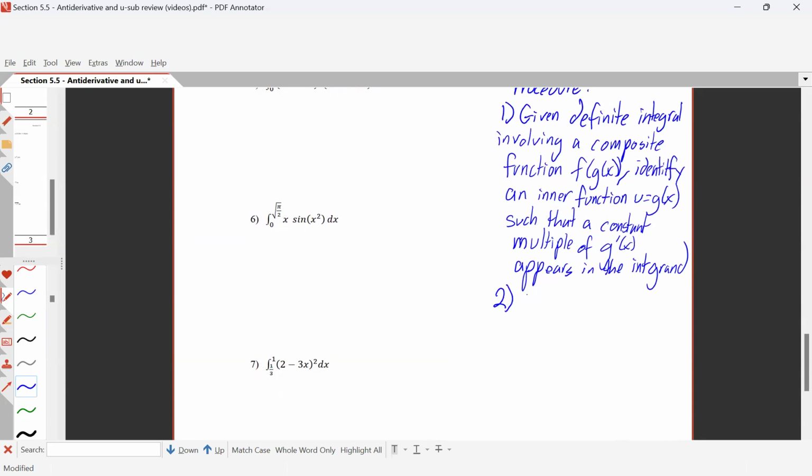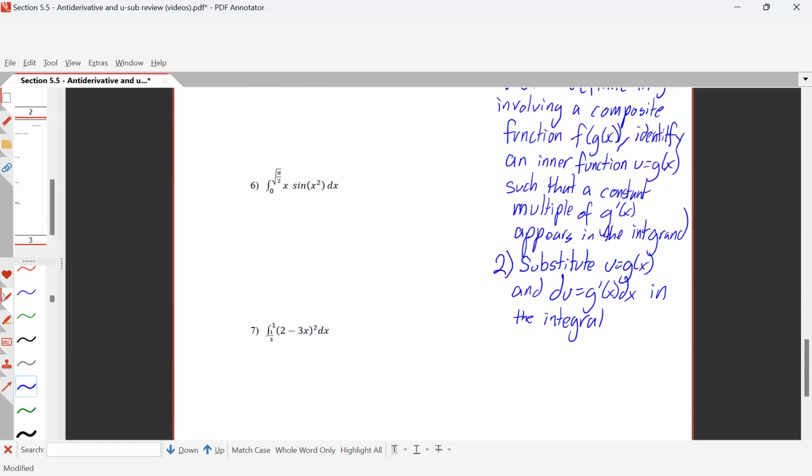Step 2 is to, just like before, substitute u equals g of x and the derivative du equals g prime of x dx in the integral and turn the whole integral into being in terms of u.